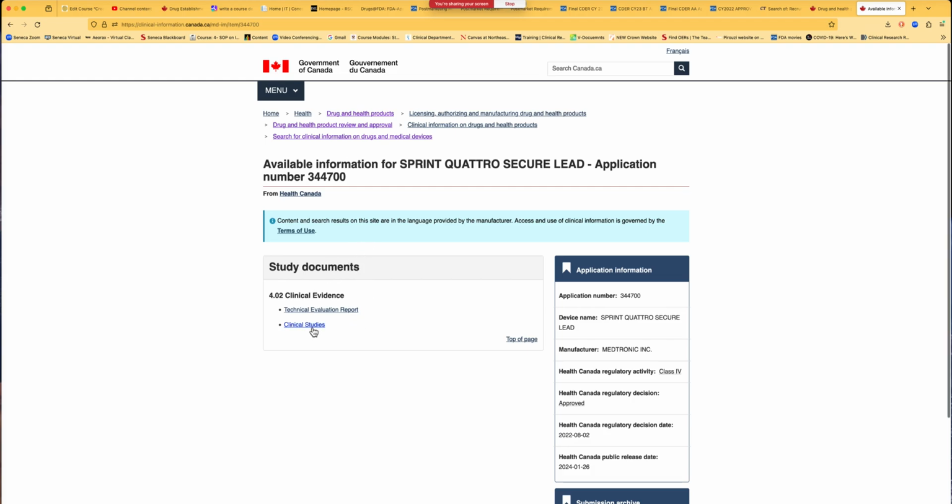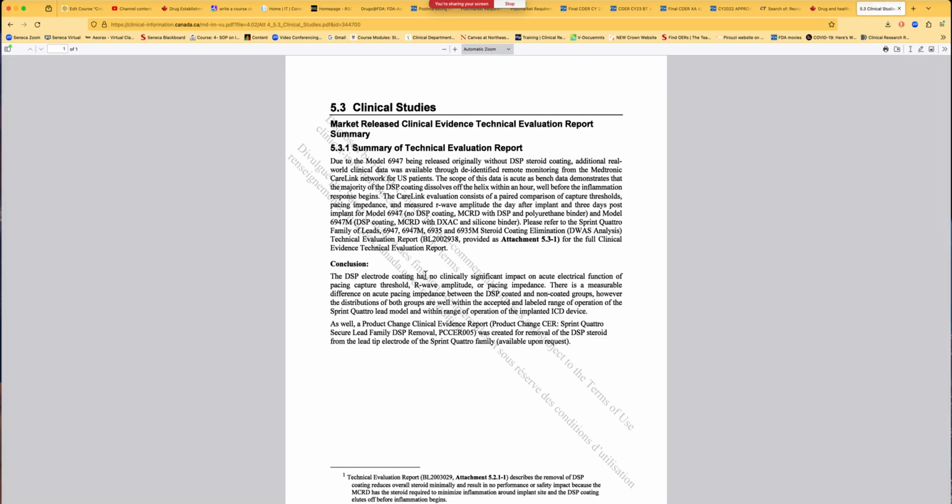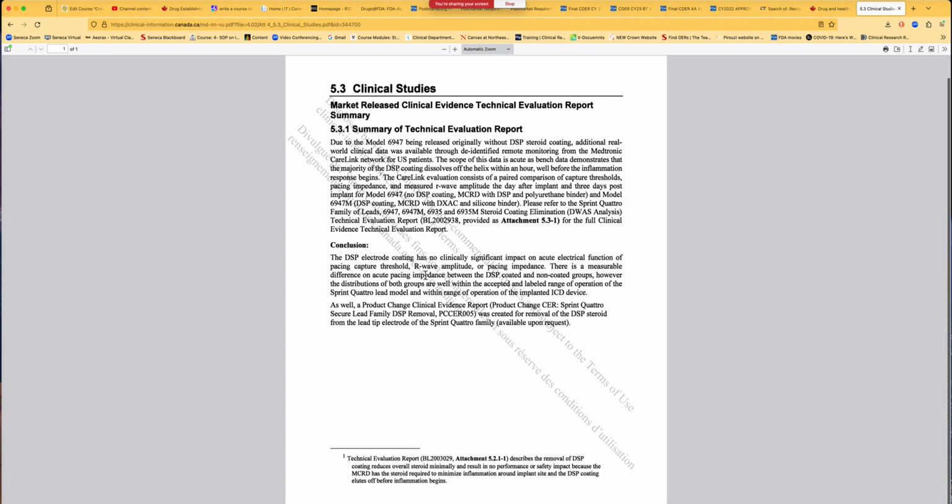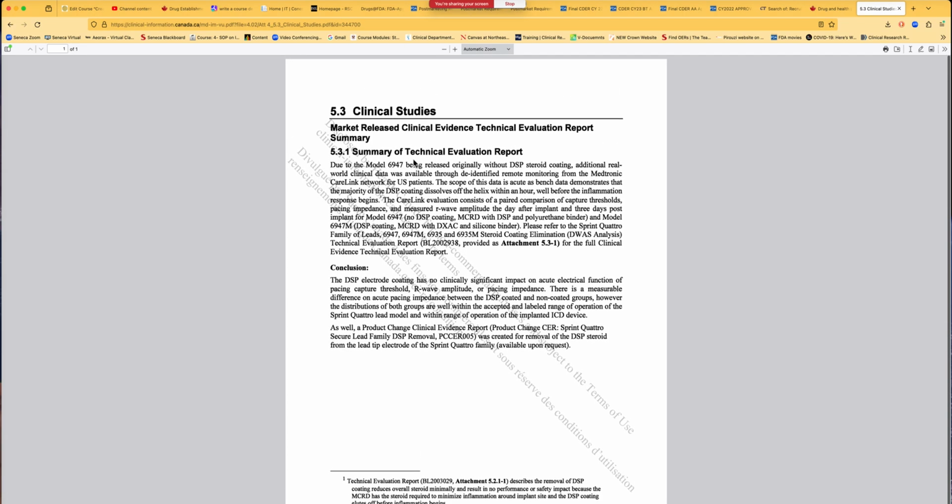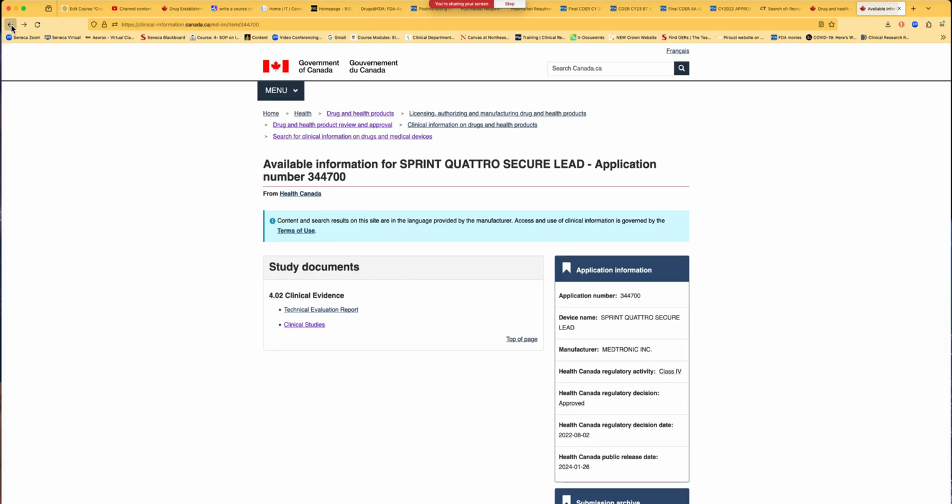We have clinical studies, we have technical evaluation reports. For the clinical studies, as you see, for that device, Medtronic, the owner of that device, submitted this information about the clinical studies to Health Canada. So again, it allows us to keep our information up to date on governmental databases.